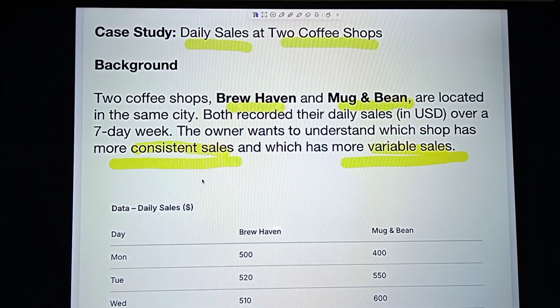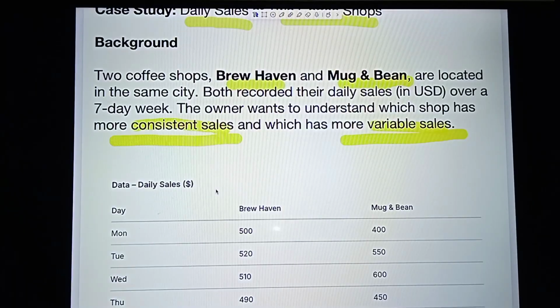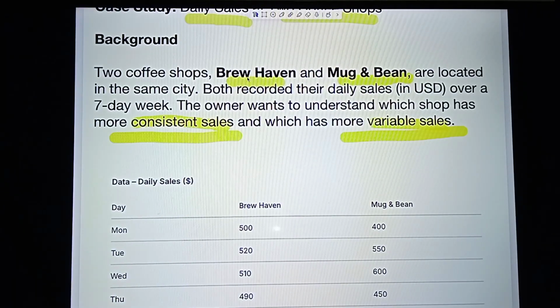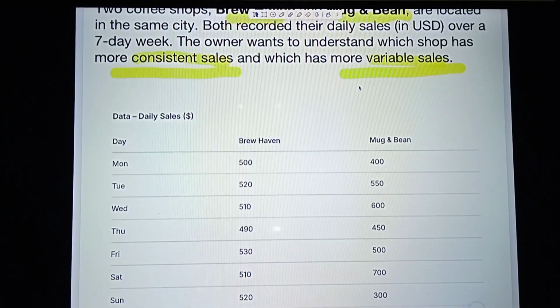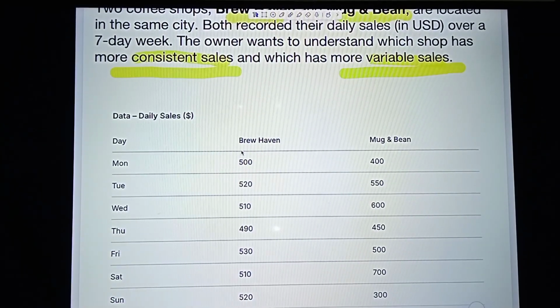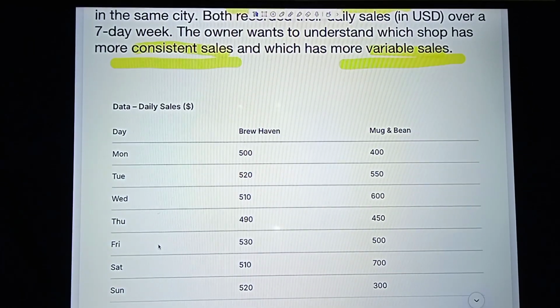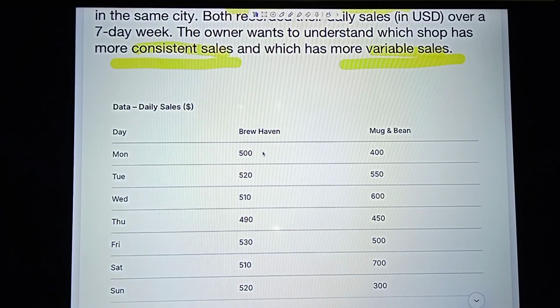Okay, in this case study, we have data of two coffee shops, Breve Haven and Mug and Bean, with their daily sales in dollars from Monday to Sunday, that is, 7-day sales. Monday's sale for Breve Haven is 500 USD and for Mug and Bean is 400.